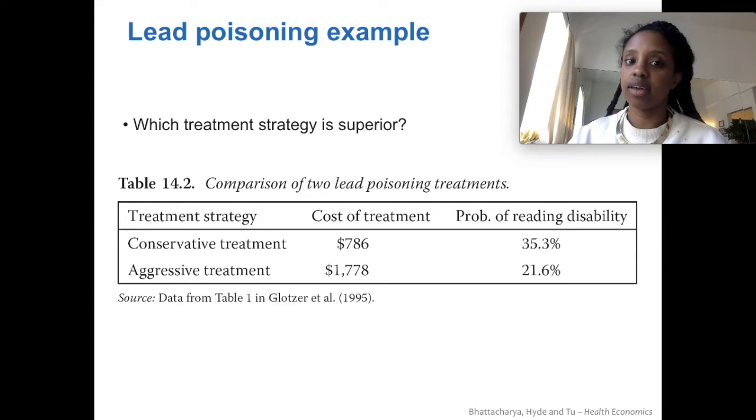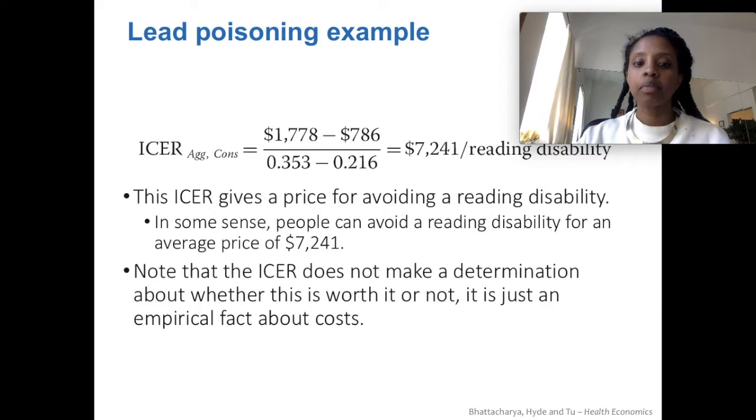So for the example, let's say that there are two different ways you can treat lead poisoning. One is a more aggressive treatment and it costs more, but it reduces your probability of developing a reading disability. So the aggressive treatment, which is more expensive, has a lower probability of developing that reading disability.